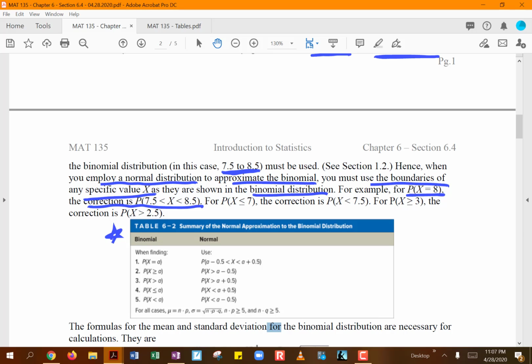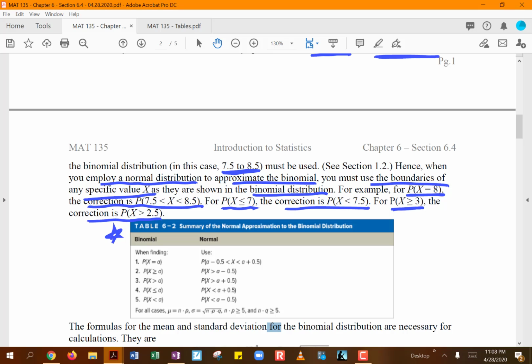Now, if they were asking us to find the probability that x will be less than or equal to 7, then our correction in that case would be the probability of values of x being less than 7.5. If they were asking us to find the probability of x values being greater than or equal to 3, in this case, of course, our correction would be the probability being greater than 2.5.